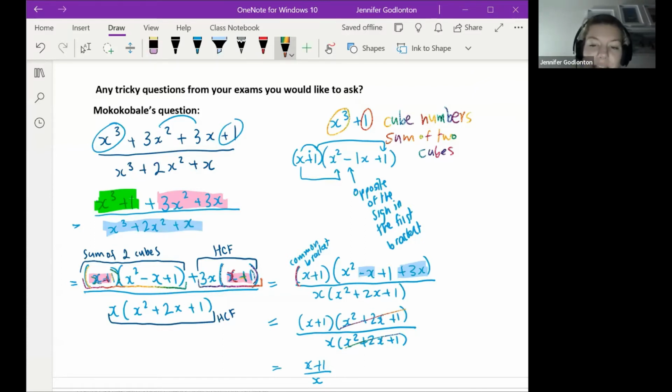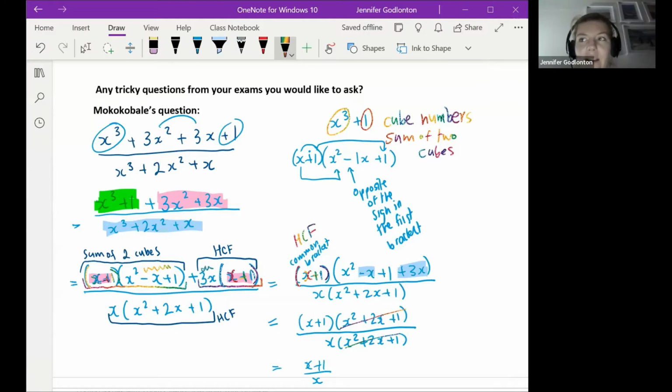So we land up taking it out as our highest common factor. And then what were we left with? We were left with x squared minus x plus 1, and we were left with plus 3x. So all we were doing was taking out that common bracket and writing what we were left with once we took out the common bracket. Hopefully that clears that up a bit.